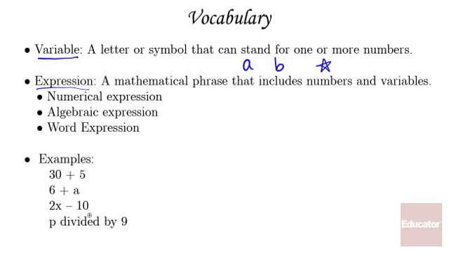So 2x minus 10 is an algebraic expression. The other type is a word expression. A word expression is when you write out your expression using words. So p divided by 9 would be considered a word expression because instead of writing the symbol out, you would write just the words divided by.